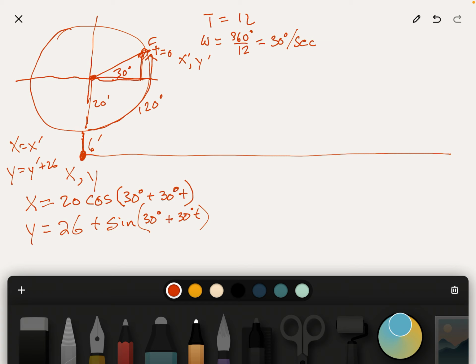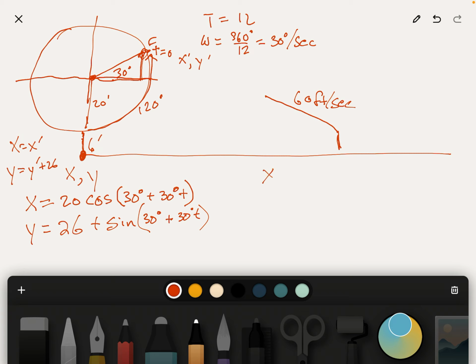And then we've got Arturo over here. He's at 6 feet. And so he throws the ball 60 feet per second.